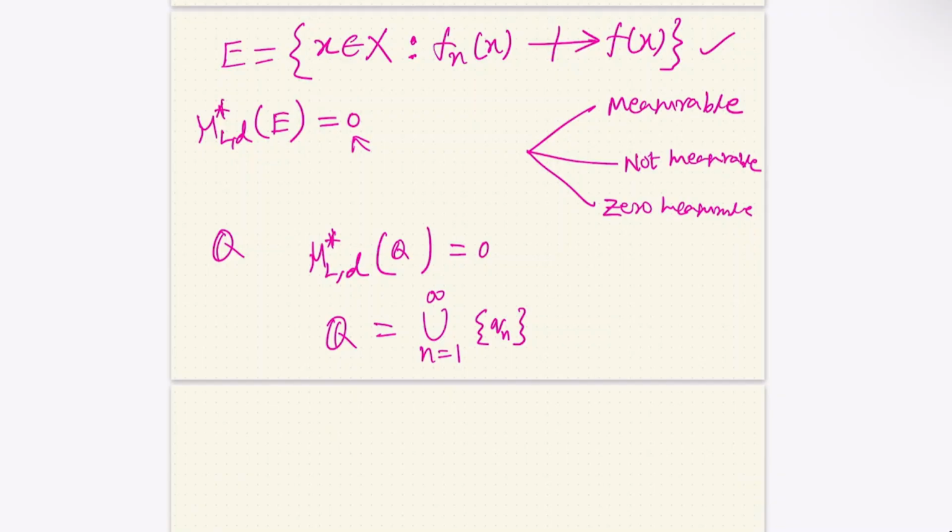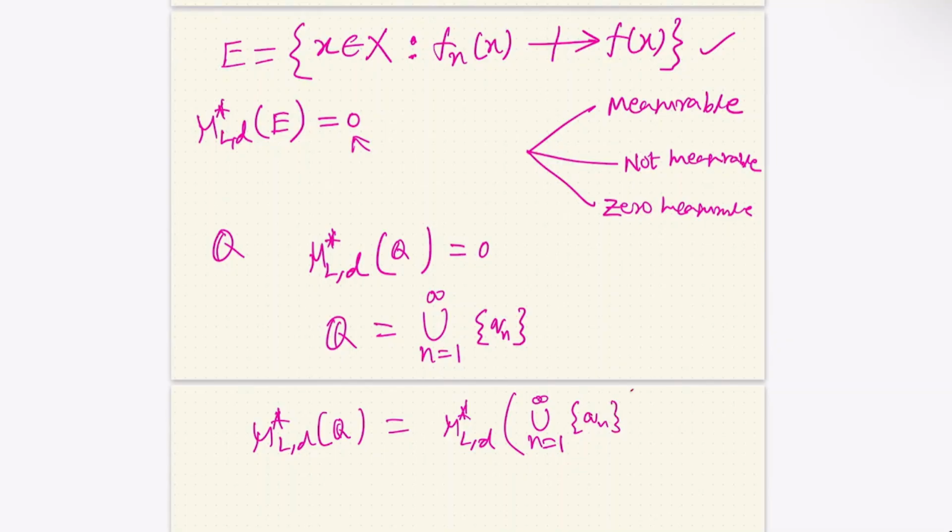So mu star Lebesgue of Q equals mu star Lebesgue of the union over n equal to 1 to infinity of the singletons {q_n}.